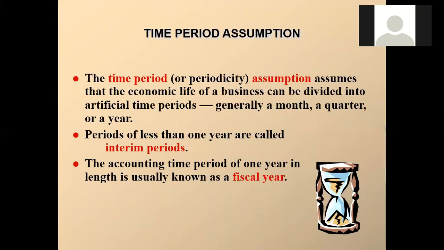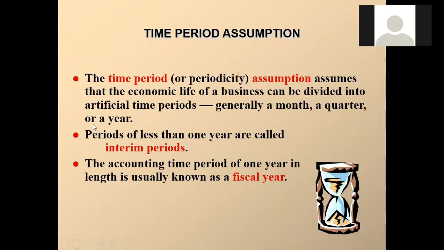Because as time goes by, when we purchase one particular asset, or when we receive cash that is part of your liability, it will also recognize expense. You will also recognize revenue. Why? Again, because of the time period or periodicity.